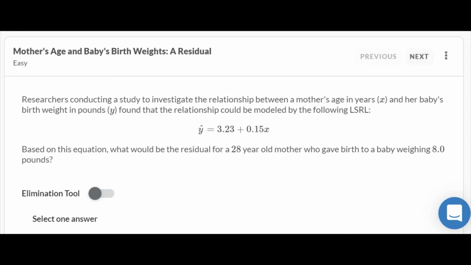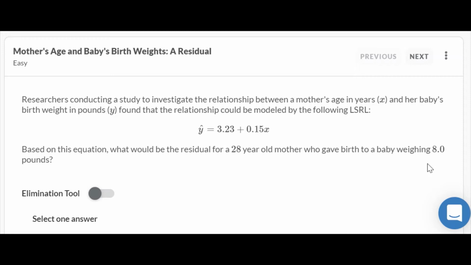Okay, so on Albert 4.1's assignment, the first question is asking us to calculate a residual. The way we calculate residual is you're going to take the observed measure. In this case, we're observing that the baby weighs 8 pounds. So that's your first number that you're going to write down.